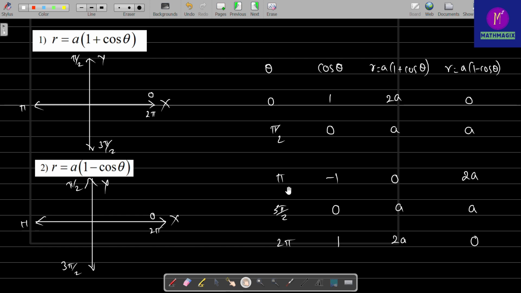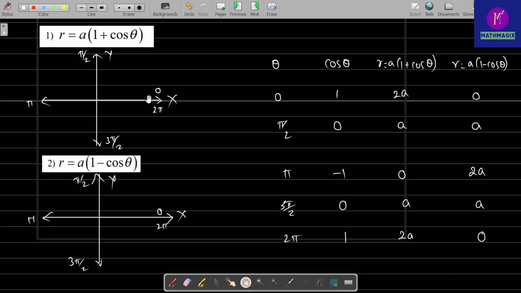So let us draw all these radii over here on xy plane. So look at this, whenever angle is 0, radius is 2a. Whenever angle is pi by 2, radius is a. Whenever angle is pi, radius is 0.